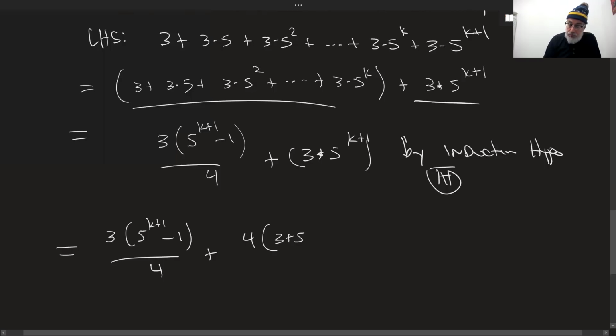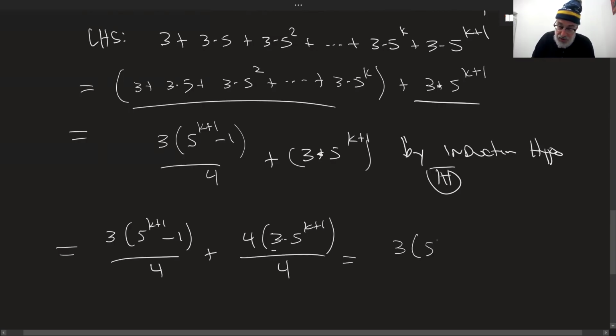My fault. Notation. So we want to have 3 times 5 to the k plus 1. So multiply the top and bottom by 4. And then we have (3 times 5^(k+1) minus 1 plus 4 times 3 times 5^(k+1)) divided by 4.